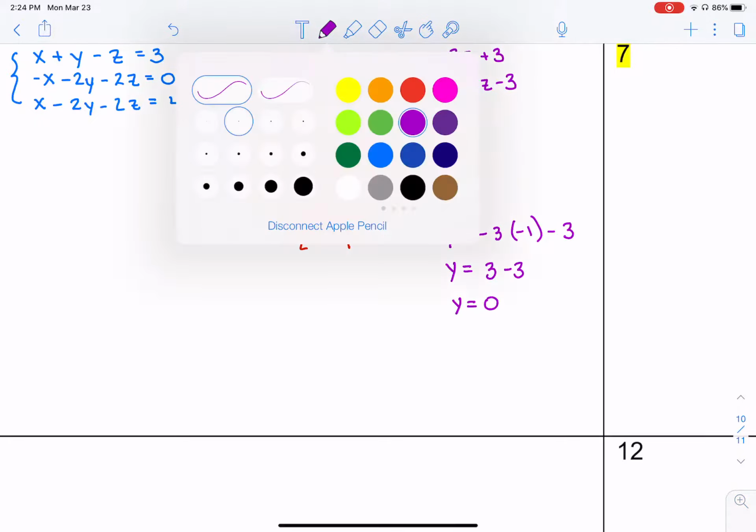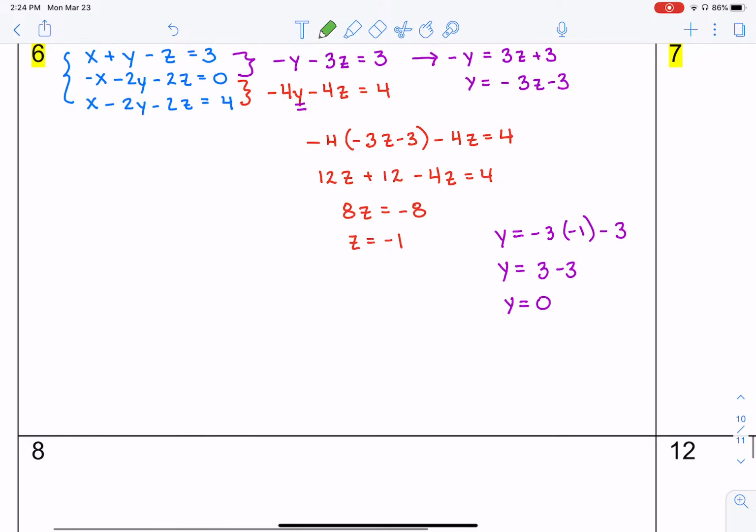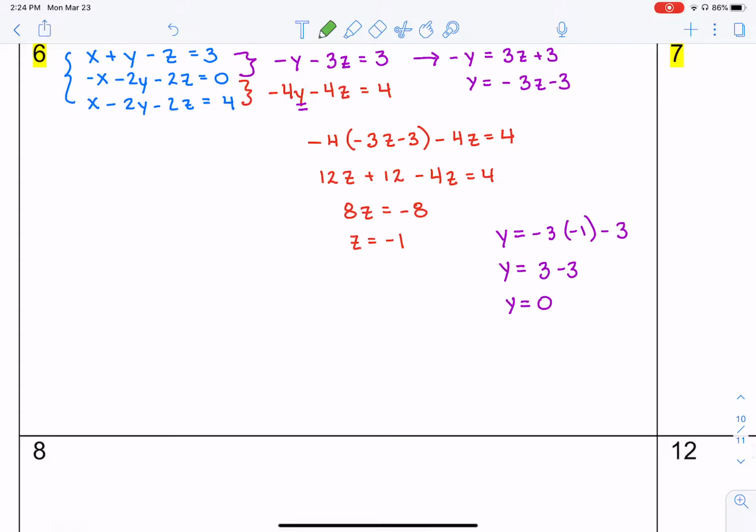And then my final step is to go back and find x. So I could use the very first equation from the original problem. I'll write it down here, and I'm going to plug in. I know that y is 0, and I know that z is negative 1.